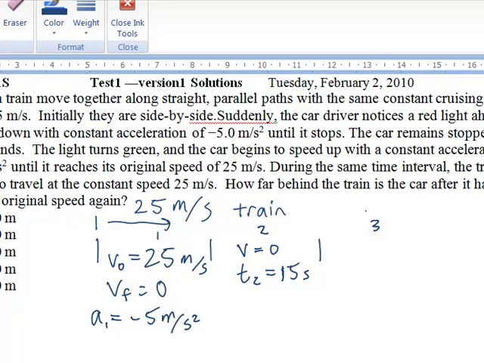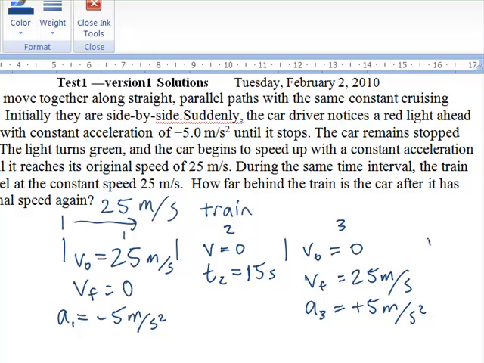The car has initial velocity 0. Final velocity is when it gets back up to 25 meters per second. And the acceleration during this segment 3 is equal to plus 5 meters per second squared. And you're asked, how far behind the train is the car after it has reached its original speed again?